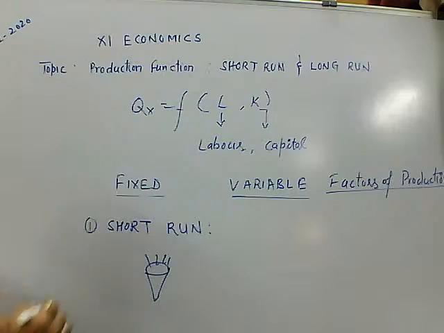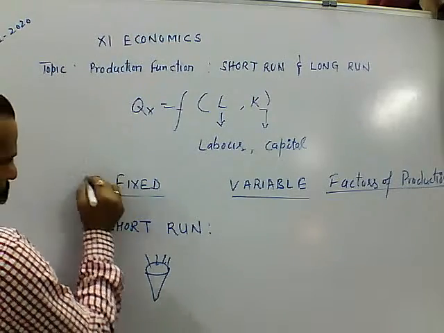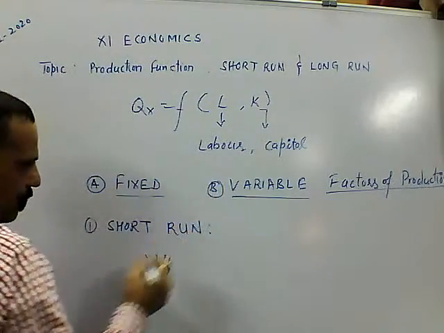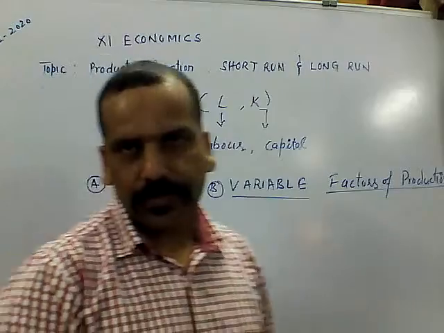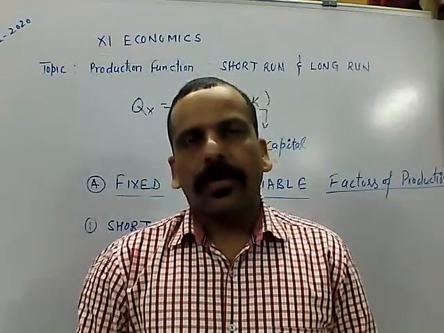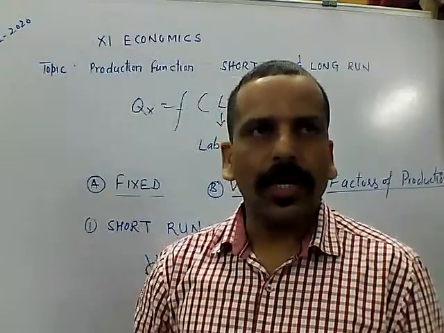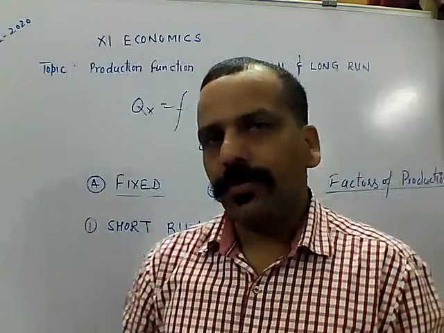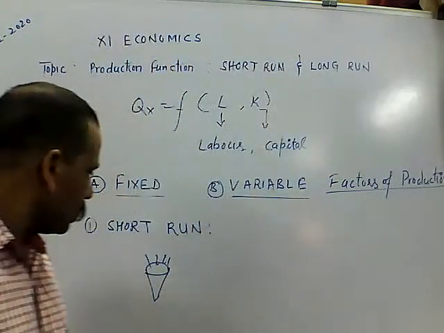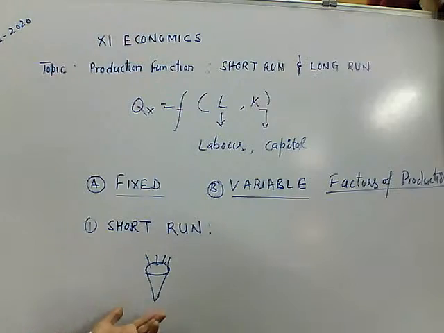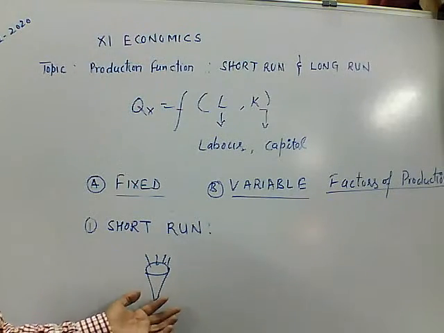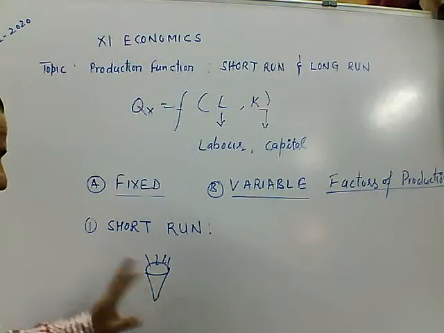Which is the fixed factor of production and which one is the variable factor of production? Let's say you are running an ice cream making factory, producing different types and kinds of ice cream with different flavors.